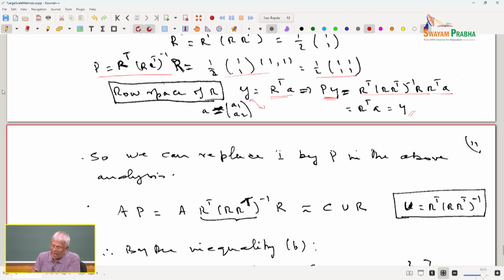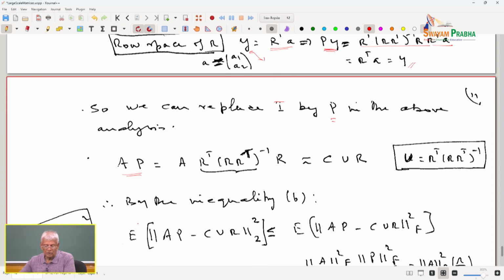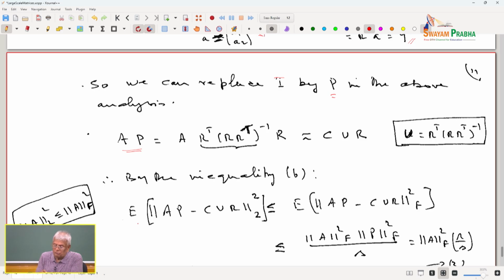So, we can replace I in our previous analysis by P. Instead of AI, I am now going to consider AP. I am going to substitute for the value of P, which is R transpose (R R transpose) inverse R. Now, look at that, there is an R, this is the A. I am going to identify this part to be U. I am now going to pick the columns of A as I have done, which is C. So, this equality is exact, this equality is approximate.